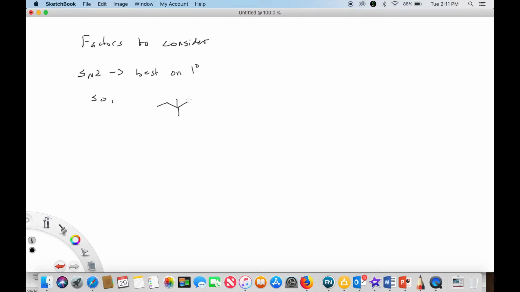Here's a tertiary alcohol, or I'm sorry, alkyl halide, and if I treat this with an alkoxide, what happens here? Well, I don't get substitution because an SN2 reaction doesn't work for tertiary alkyl halides.